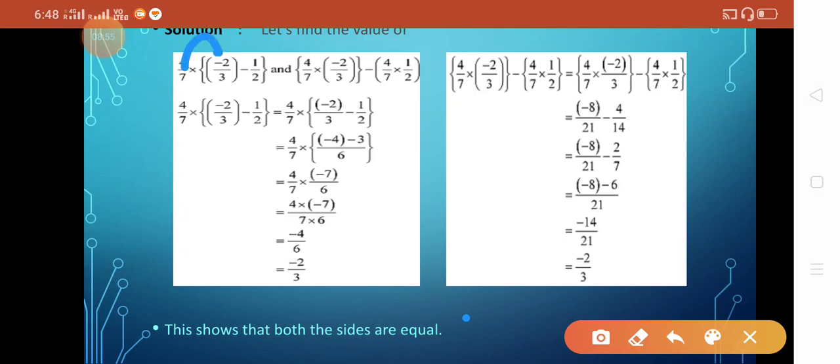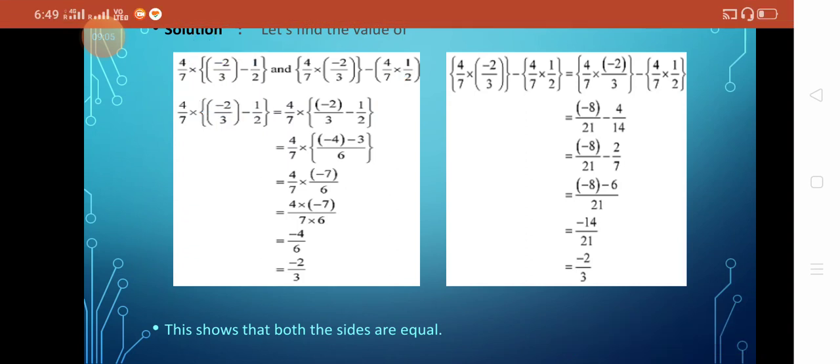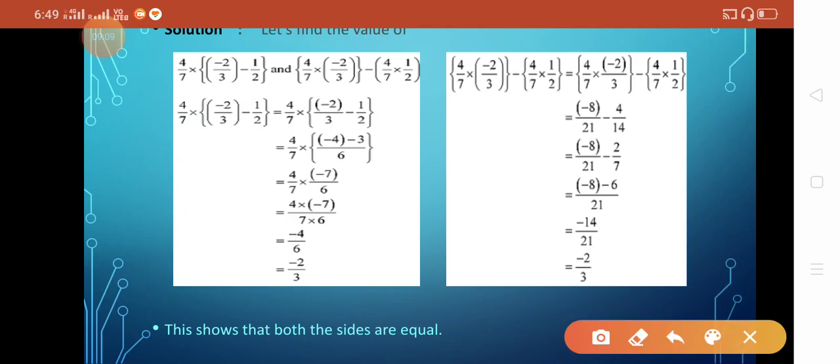So first we multiply 4 by 7 with minus 2 by 3, and then we multiply 4 by 7 with 1 by 2, and the sign should be minus because here it is minus. 4 2s are 8, so minus 8 by 21, minus 4 by 14.